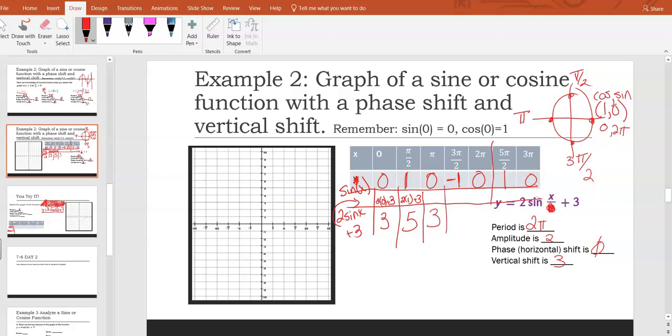So you can kind of see a pattern, right? And this would be 2 times a negative 1 plus 3. And that would give me positive 1. And then I put 0 back in and I get 3.